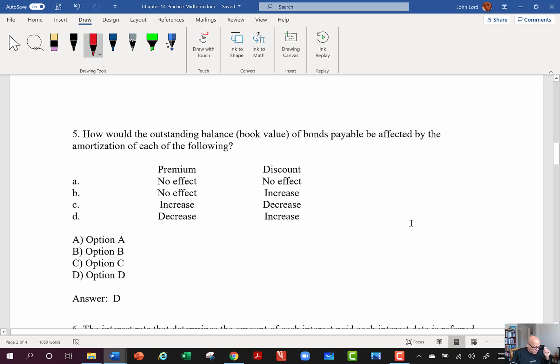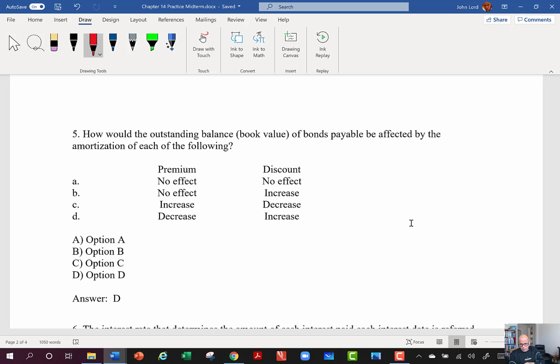Okay, so here's another one. How would the outstanding balance of bond payable, well, this is a little different, be affected by the amortization of each of the following? And remember, I pointed out to you the part where we talked about how the amortization of premium or discount affects the carrying amount of the bond. Okay, so when we have a premium, we start at more than face and we amortize down towards face.